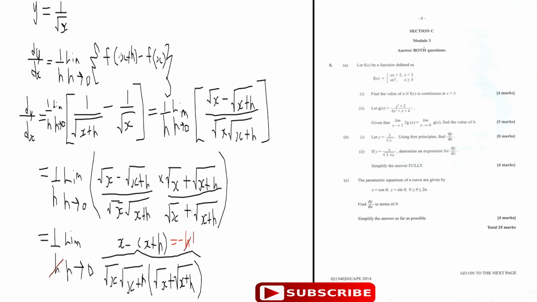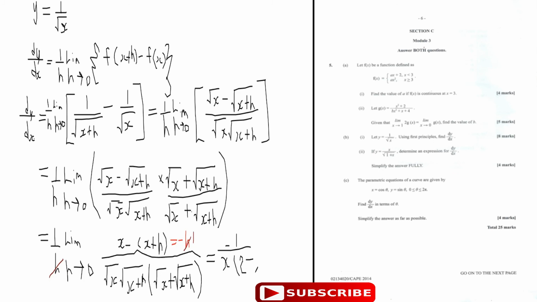Now when you cancel out this h, you can apply h being 0. So it works out to be minus 1 over, plugging in 0, root x times root x is x. So you get minus 1 over x times, plug in h as 0 here, root x plus root x is 2 root x.